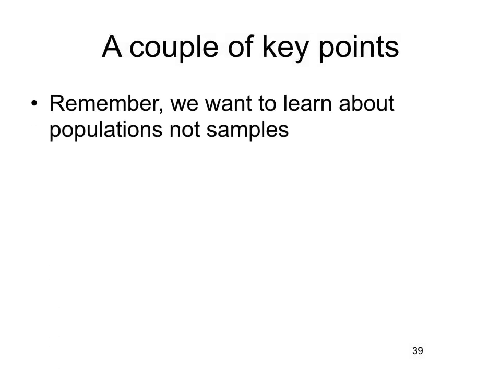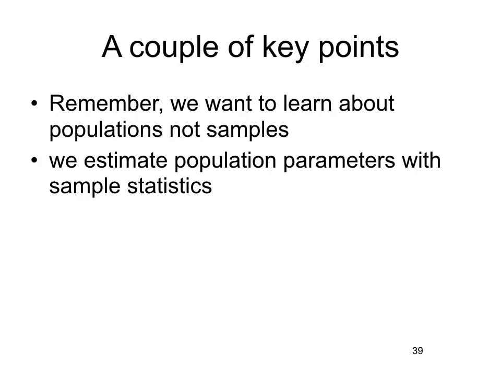All right. A few key points. We want to learn about populations, not about samples. We learn about populations by studying samples, but no one really cares a great deal at the end of the day about your sample if it's done properly and you're using it properly. We estimate population parameters with sample statistics.